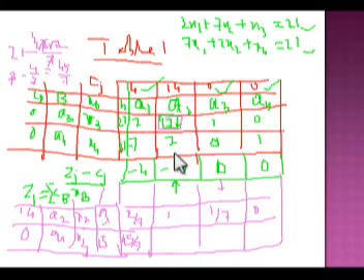And here we will get 7 minus 7 into 7 by 7. So 7 minus 7 here will be 0. Here we will get 0 minus 1 multiply 2, 1 multiply 2 by 7, minus 2 by 7.